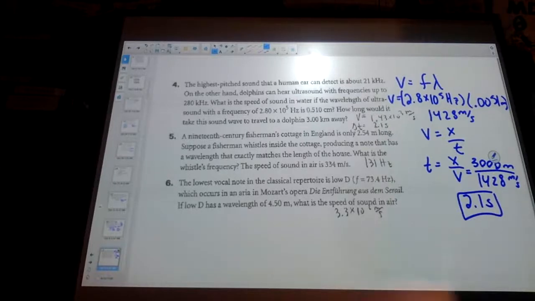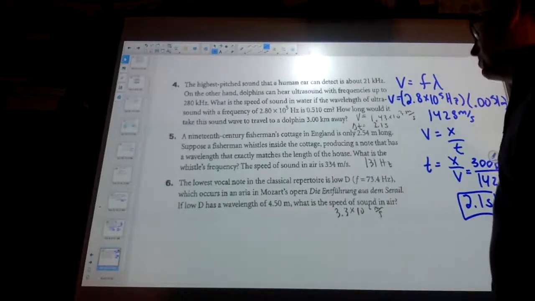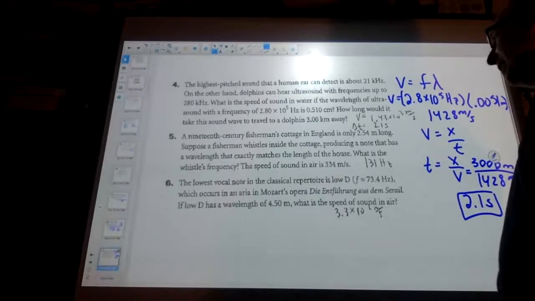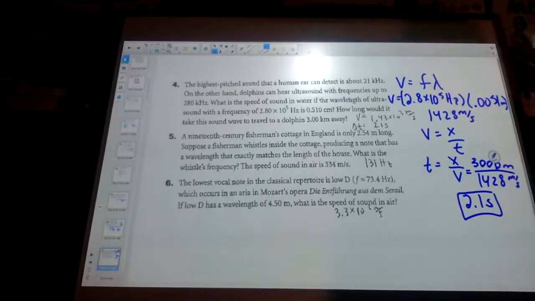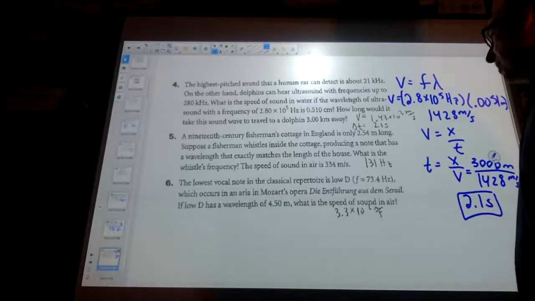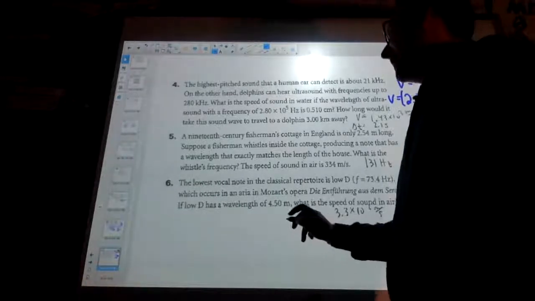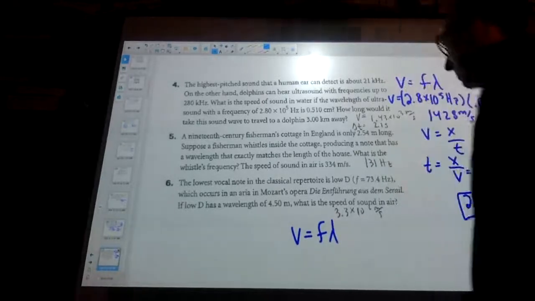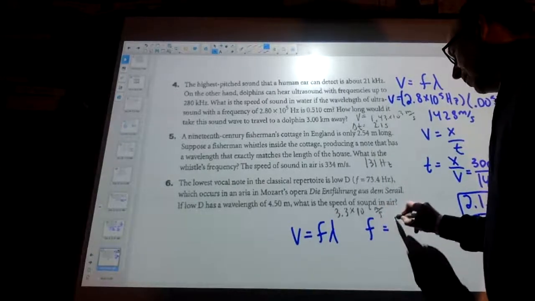A 19th century fisherman's cottage in England is only 2.54 meters long. Suppose a fisherman whistles inside the cottage, producing a note that has a wavelength that exactly matches the length of the house. What is the whistle's frequency? The speed of sound in air is 334 meters per second. All right, so I'm going to say that velocity equals frequency times wavelength.